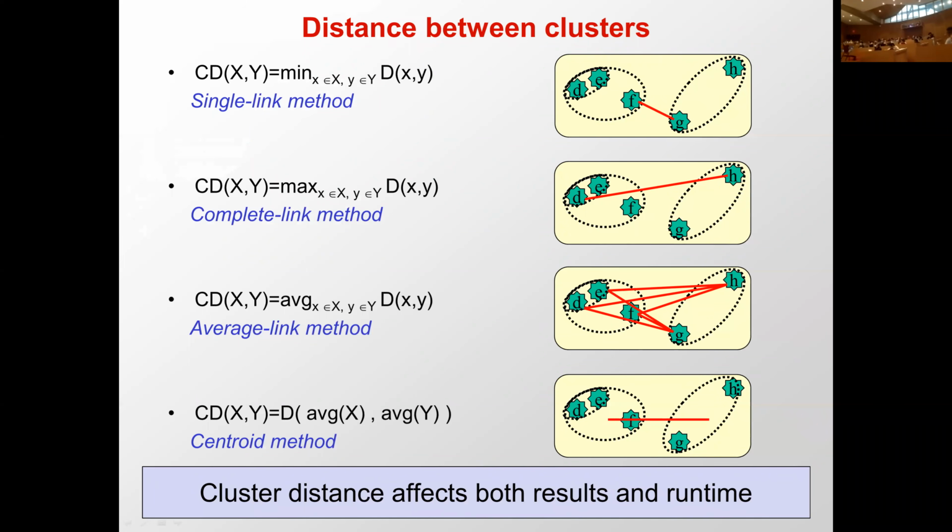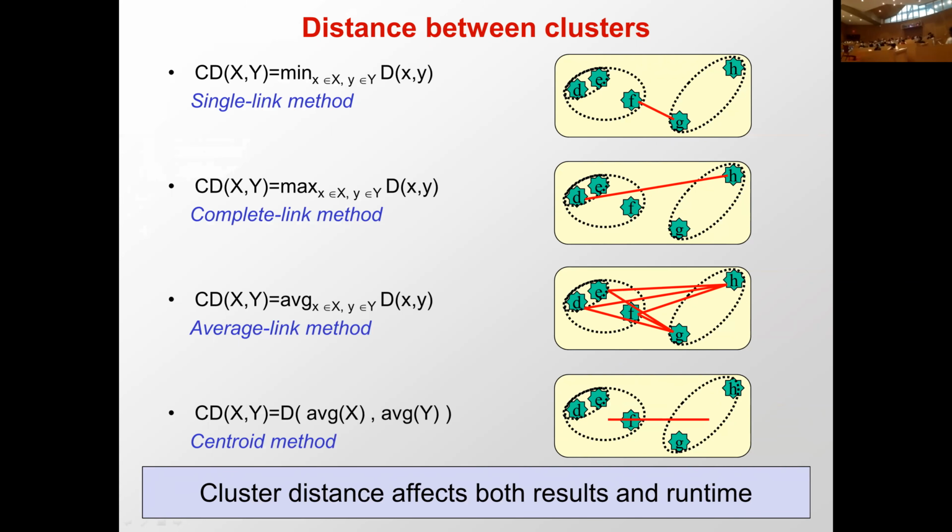Well, I can take the closest set of points and say that my cluster distance is the distance between the closest pair of points, each belonging to a different cluster, and that's called single link. Or complete link basically says that, to bring these two clusters together, I'm going to have to worry about how far apart the furthest points are that will belong to the ultimately merged cluster.